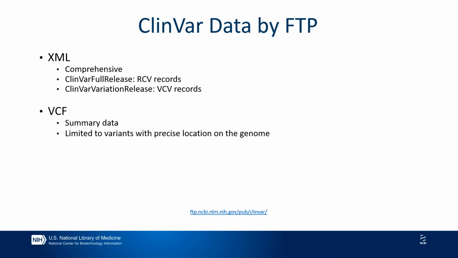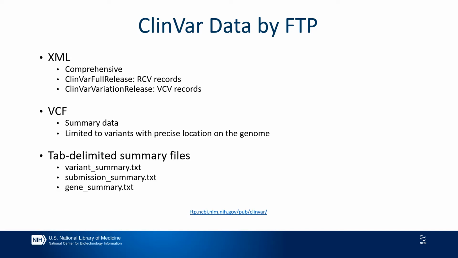The VCF file also is limited to variants with a precise location on the genome. So any variant that has a more imprecise or fuzzy location, like a copy number variant that's only defined by the location of probes on a microarray, or an exon deletion where it's not exactly certain where the breakpoint is in the exons, these kinds of imprecise location variants are not found in the VCF file. So this is not a comprehensive file.